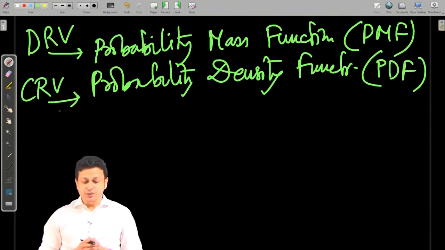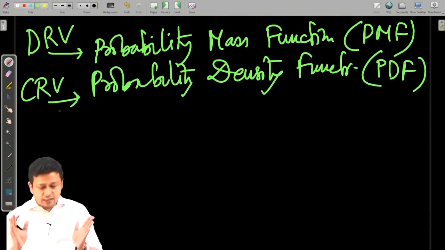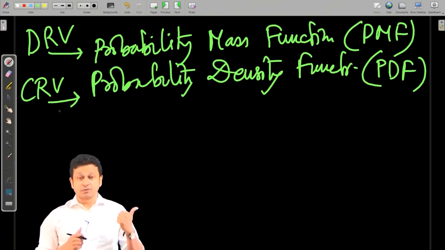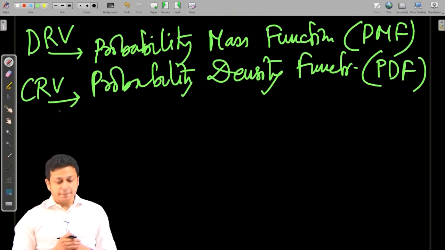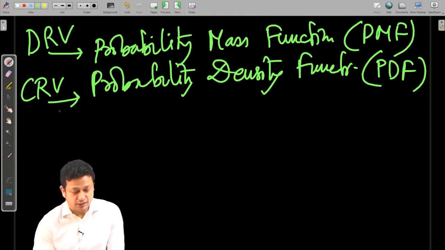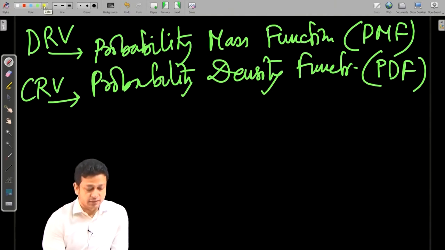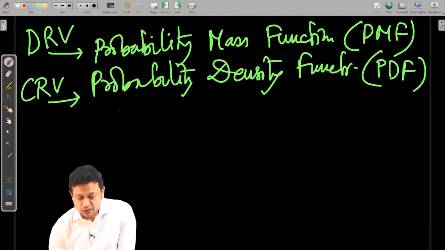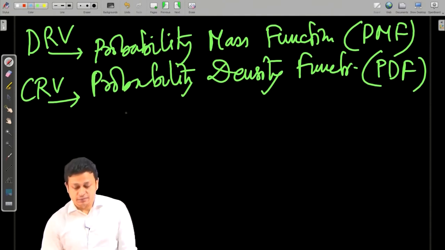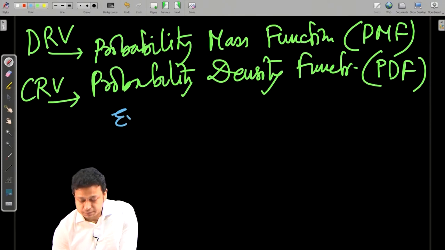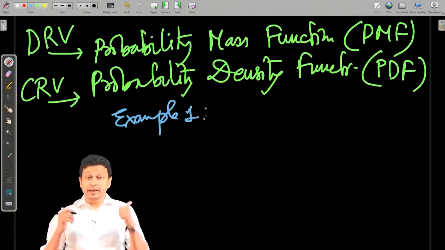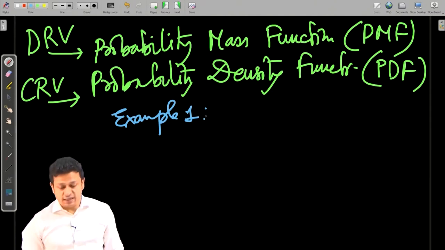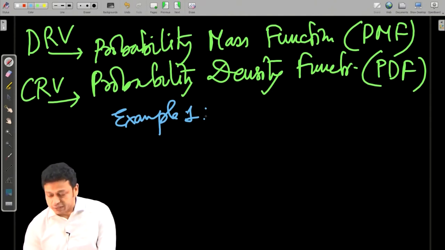Okay. So, let us do an example for probability mass function, or for a discrete random variable, how we constitute the probability mass function. So, let us say we are talking about a coin toss, our old, very common example. Example 1. So, you are again tossing 2 coins, and when you are tossing 2 coins, you are getting the events.